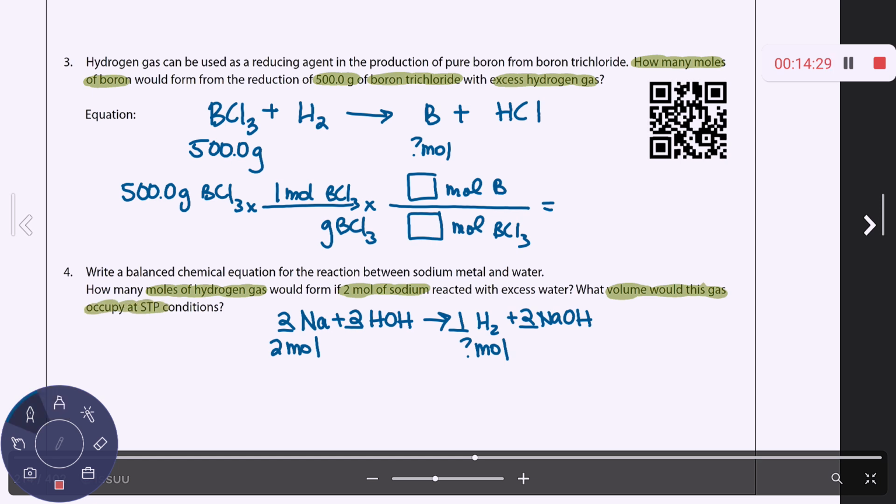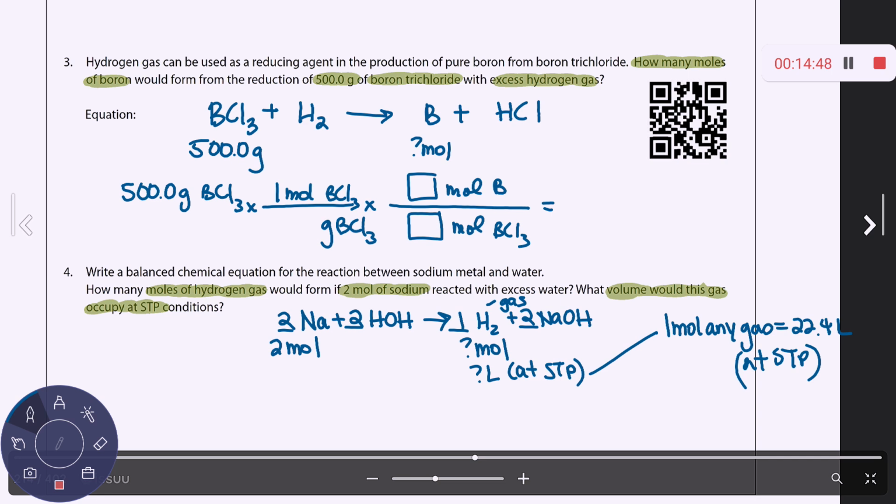Okay, so hydrogen is your gas. So they want to know the liters at STP. You know from a previous section that a mole of any gas occupies 22.4 liters as long as they mention that you're at STP. So we can use that shortcut after we get to moles.